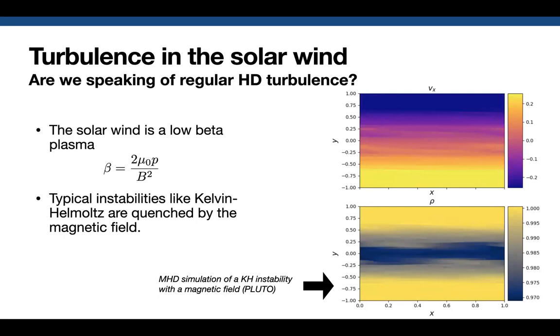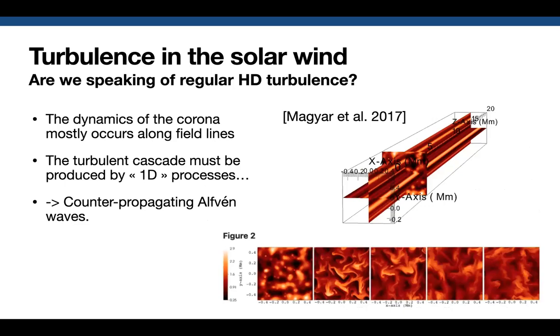So we have other processes that are working to create the turbulence spectrum. We have, let's say, dynamics directed along magnetic field lines. And somehow we know that this turbulence cascade must be produced by a 1D process, or processes, that are occurring along magnetic field lines.